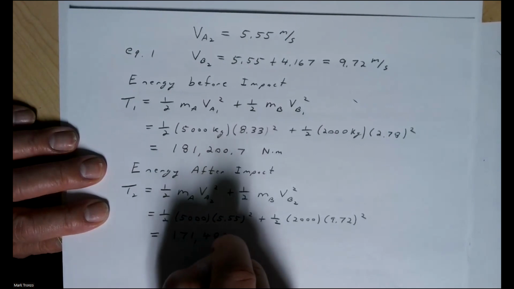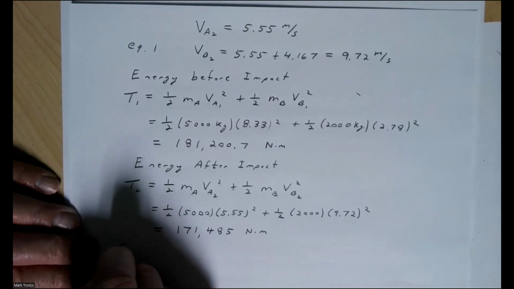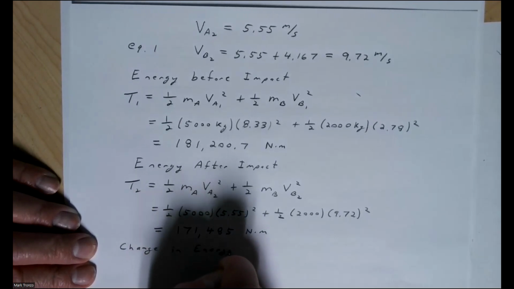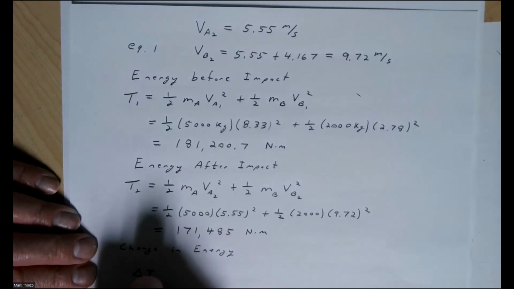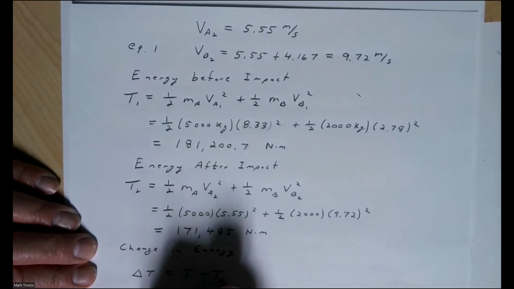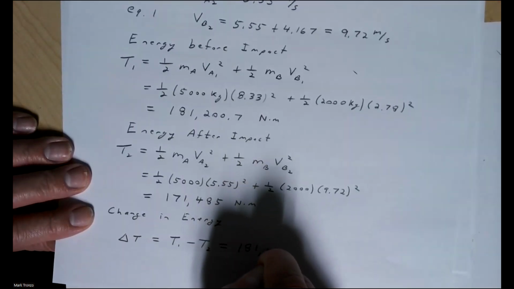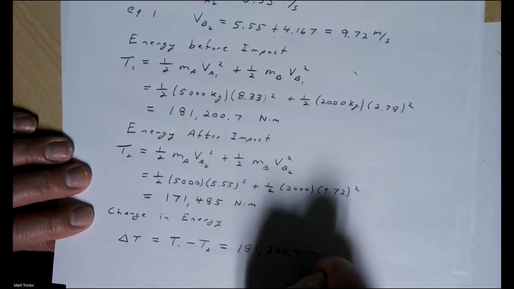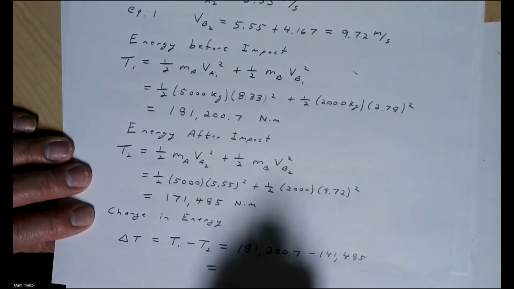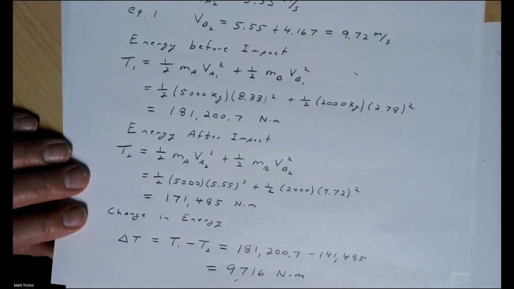That gives 171,485 Newton meters. So the change in energy, delta T, is T1 minus T2, which is 181,200.7 minus 171,485, which ends up being 9,716 Newton meters.